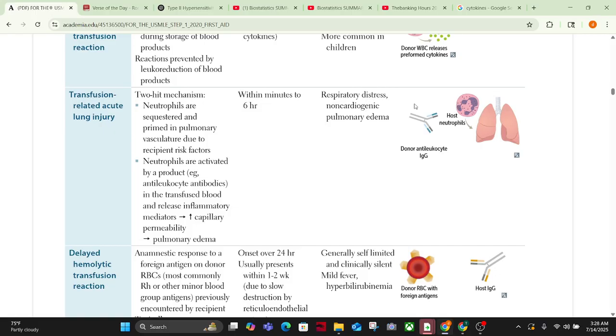Neutrophils are activated by anti-leukocyte antibodies in the transfused blood and release inflammatory mediators, which cause increased capillary permeability, and this leads to pulmonary edema. The time for this to happen is within minutes to 6 hours. Symptoms include respiratory distress, non-cardiogenic pulmonary edema.